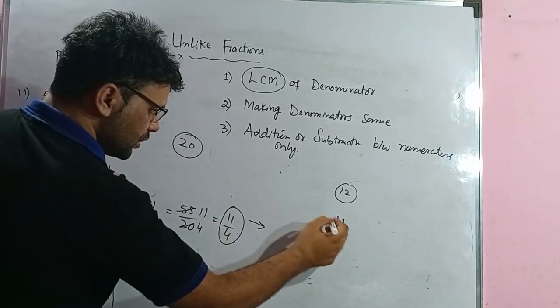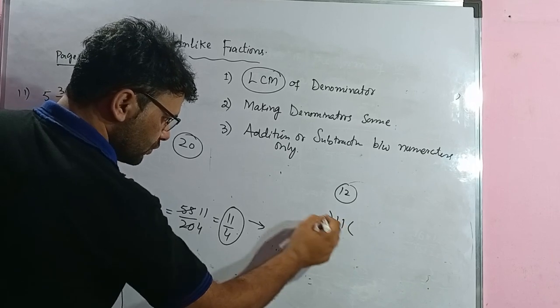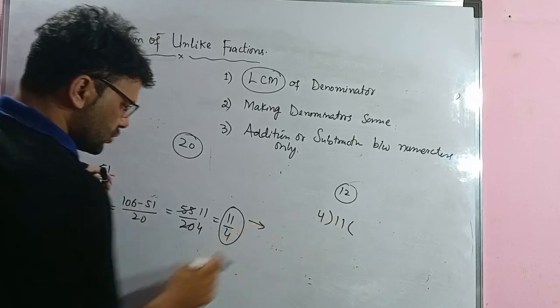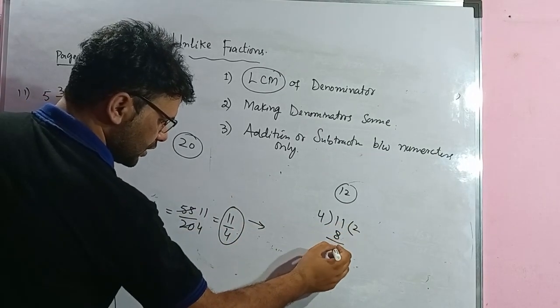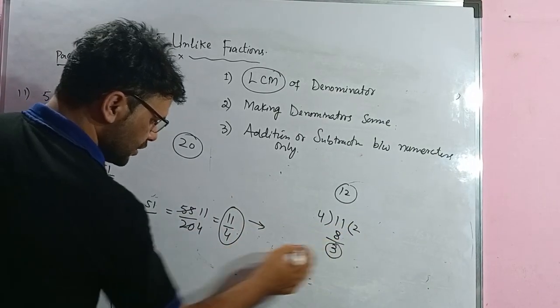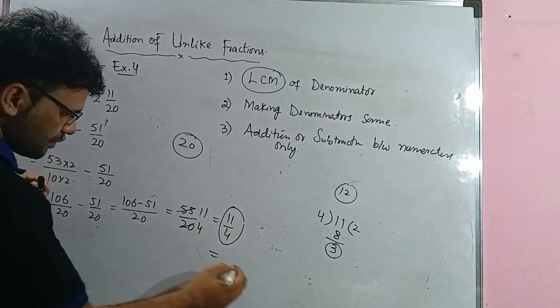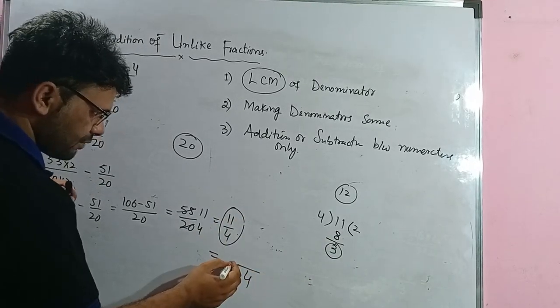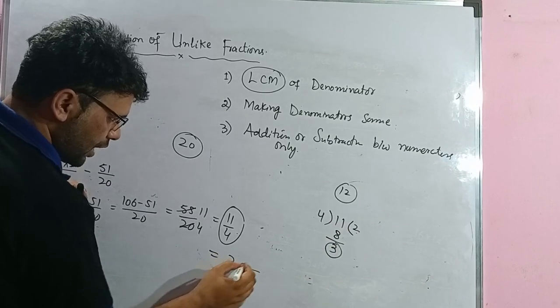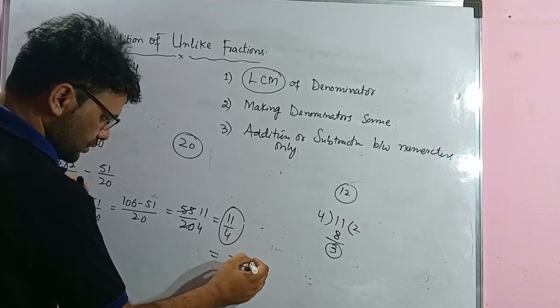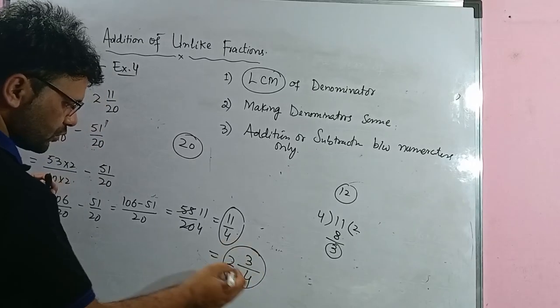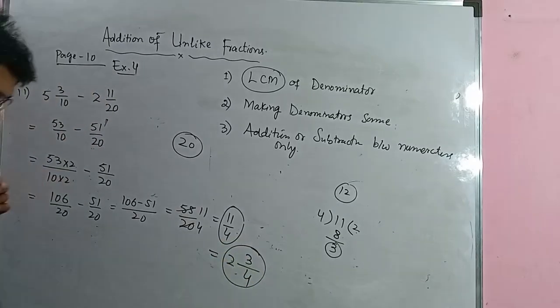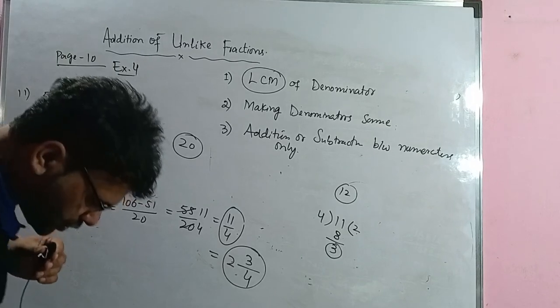I will divide 11 by 4. 4 2s are 8, here we will get 3. This is the remainder. So how will I write? I will write 4 in the denominator, the quotient 2 as the whole number, and in the numerator I should write the remainder 3. This is the mixed number. 4 2s are 8, plus 3 is 11, divided by 4. This is the answer of the question.